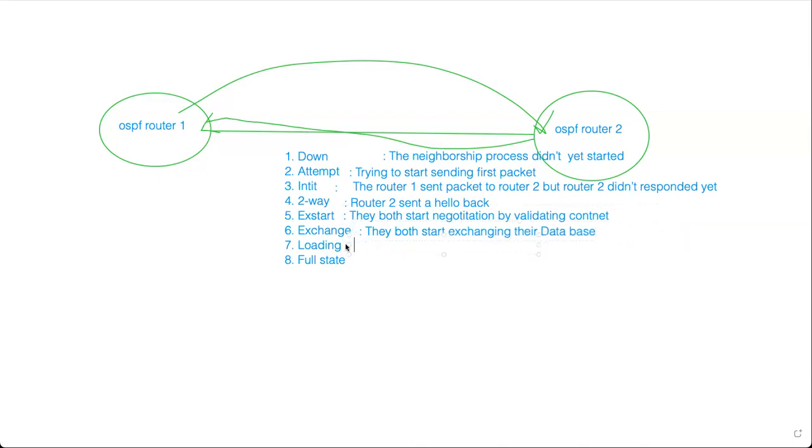In loading state, the router will calculate and form the best path in the routing table based on information in the database.